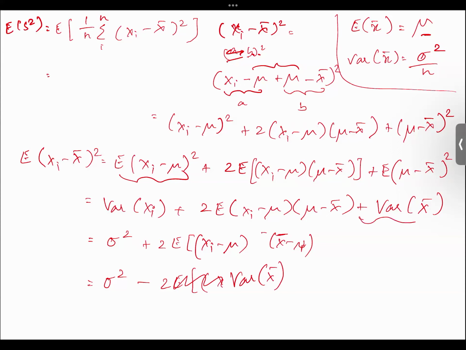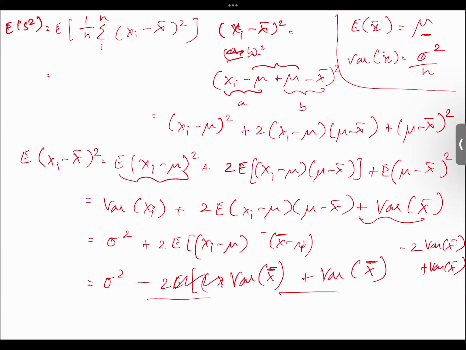And the third term is variance of x bar. We keep it as such because it is a randomly sampled variance. So we have minus 2 into variance of x bar plus variance of x bar.